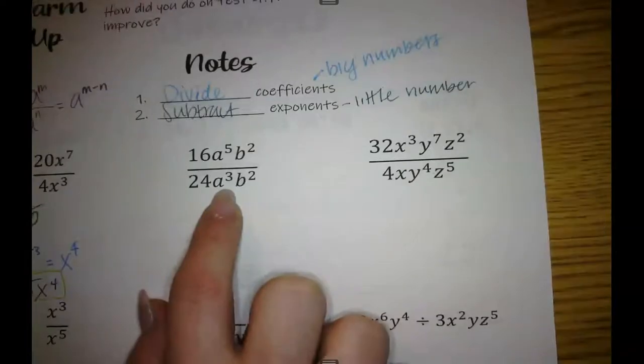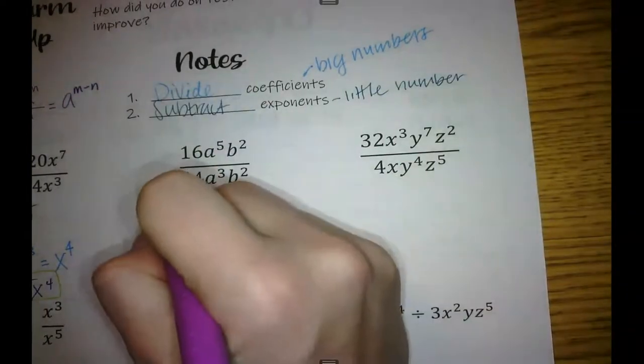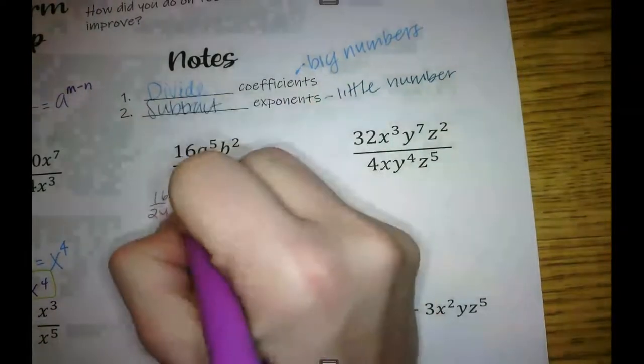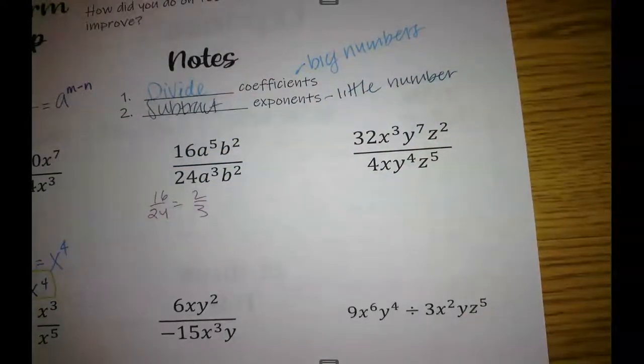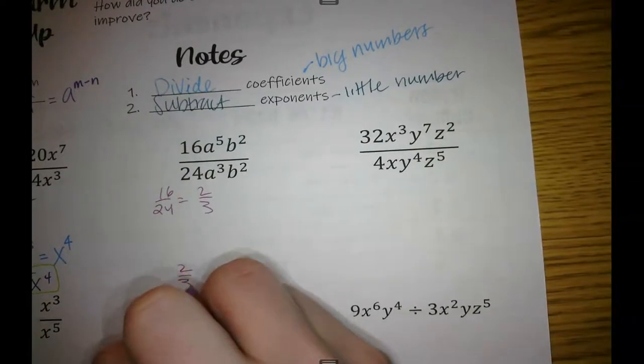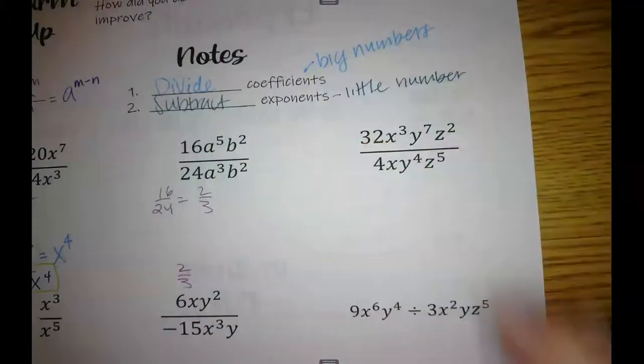Okay. Here's where it gets a little bit more difficult, maybe. We've got 16 divided by 24. We're going to be left with a fraction, so in our answer, we're going to have 2 over 3. And then I've got multiple variables now.